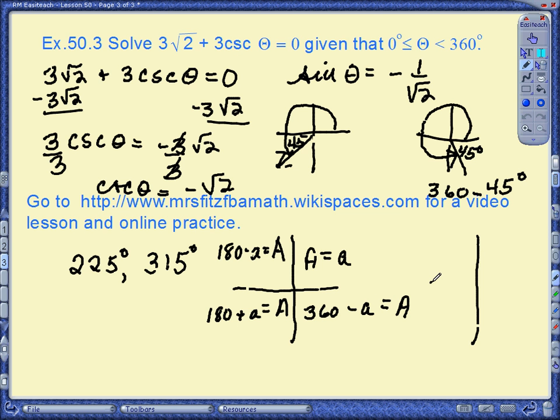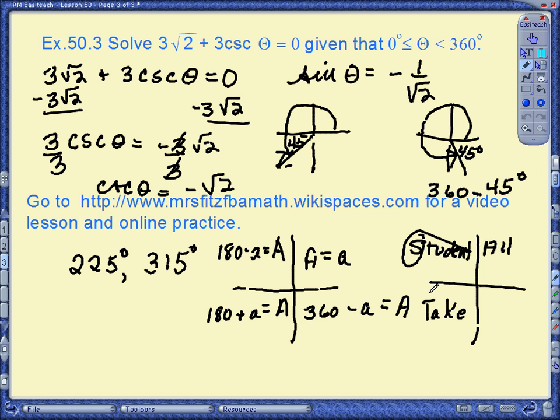Okay, and then again, remember the mnemonic device. All students, all trig functions are positive here. Sine goes with this. Sine and cosecant, its reciprocal, are positive there.